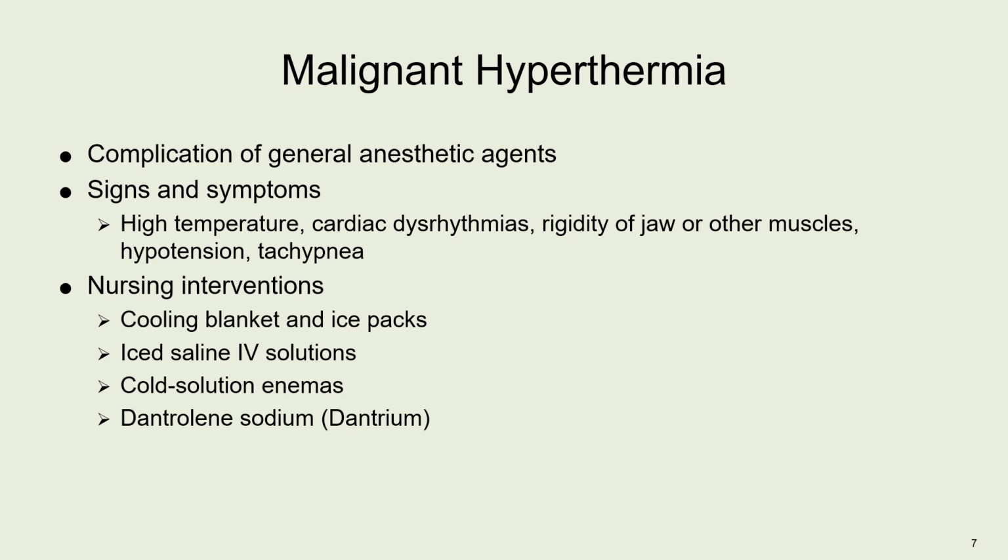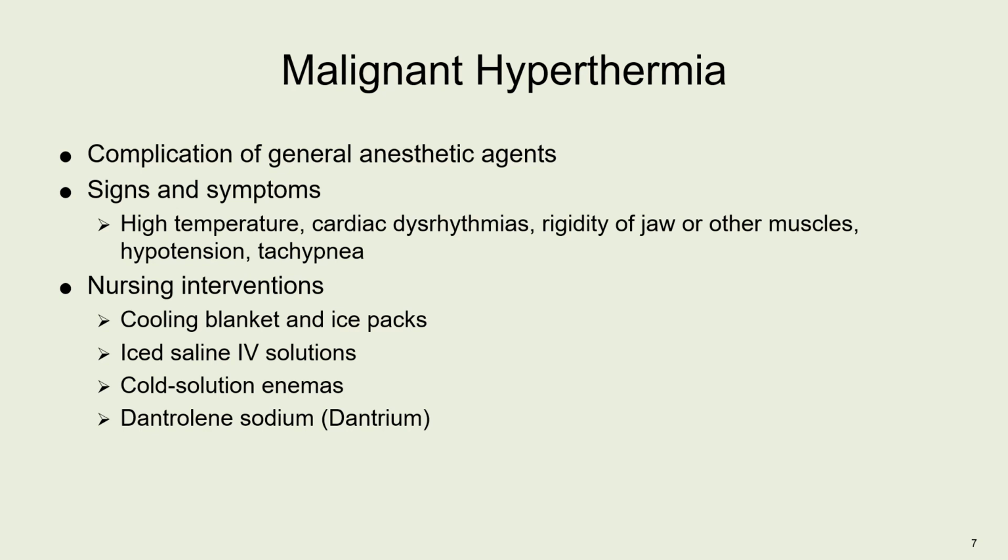What is hyperthermia? Our temperature is going to go high, right? High temperature. And when I say high, in the late sign of it, your temperature can get up to 111.2 degrees. It can go high. I mean, we're talking you're cooking. This is bad.